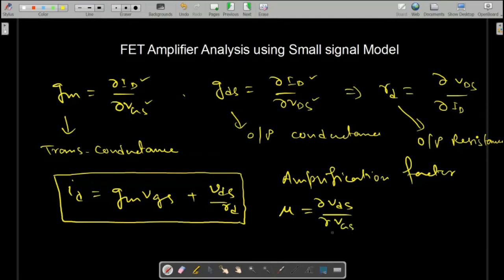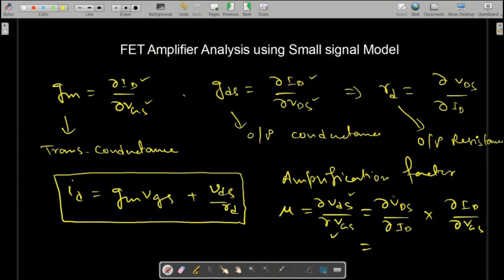Means when we are changing the input voltage, how the output voltage changes, that is called gain or amplification. That parameter we can write as del VDS by del ID into del ID by del VGS, by using this chain rule.